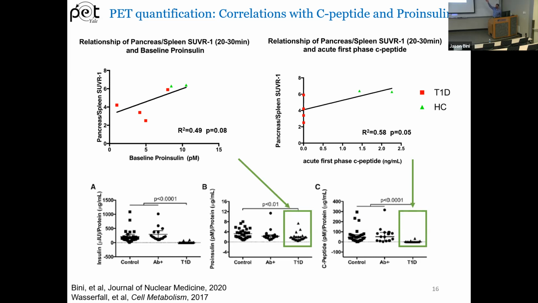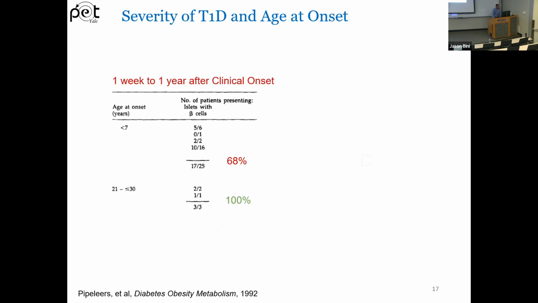We see a range of PET imaging, PET receptor binding, but no C-peptide. Whereas in the bottom middle green box, you can see there's a range of proinsulin in these same subjects, suggesting there's some kind of residual beta cell mass there that's not fully functional, and we see the same spread in our PET measurement and the proinsulin as well.